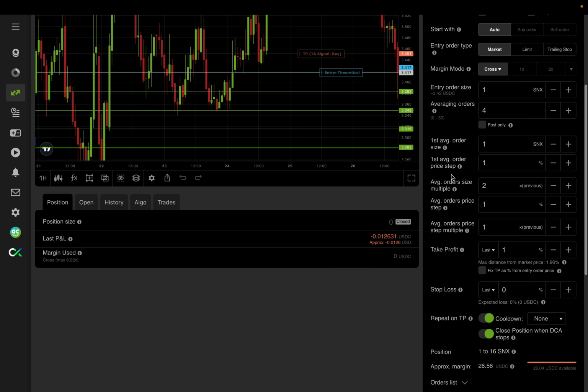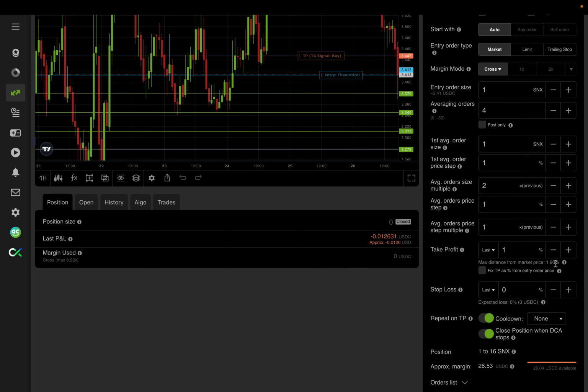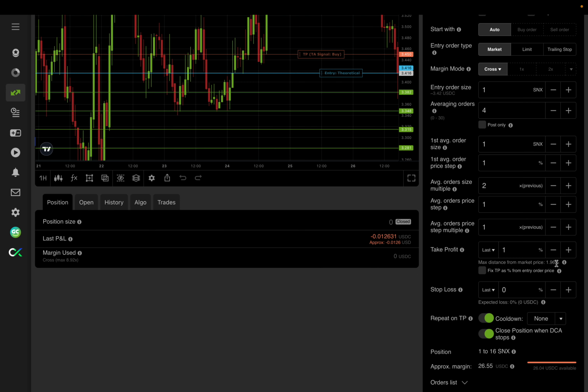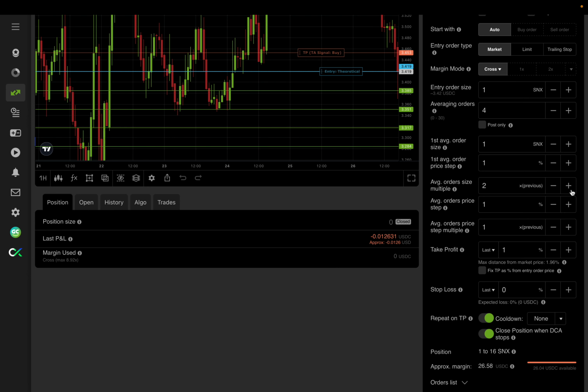Most of the parameters of DCA actually affect that distance. Obviously, with more average orders, the larger the distance, the more the price needs to bounce to reach your take profit, which is kind of intuitive. However, there is another thing: the average order size multiple. The higher your next average order is in relation to the previous one, the more it pulls the average price closer to itself.